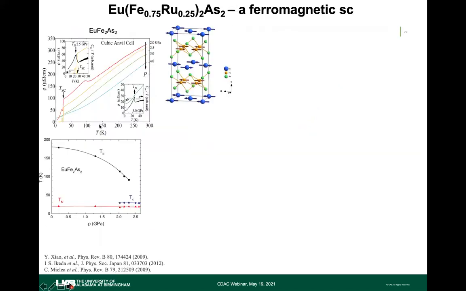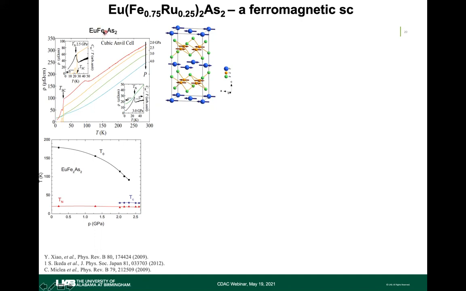Okay, so next I want to briefly discuss another system. This is the 122, the ruthenium doped europium iron arsenic 2. The parent compound itself is not a superconductor.